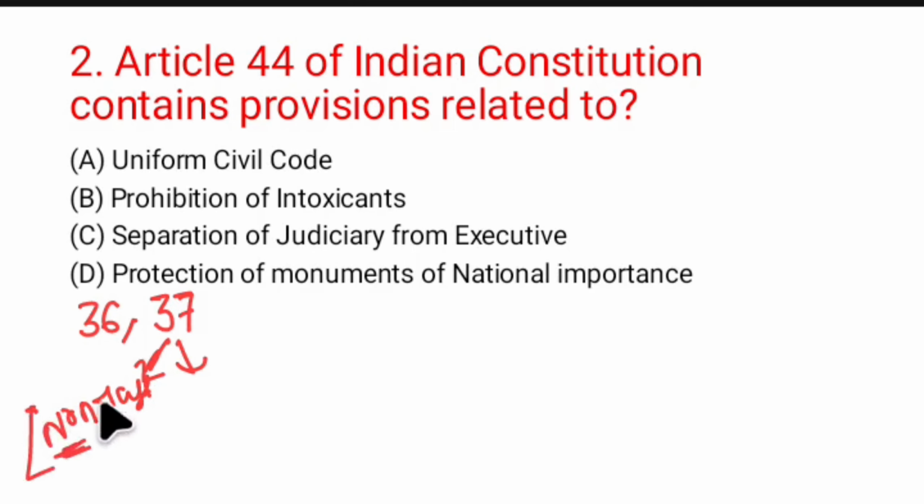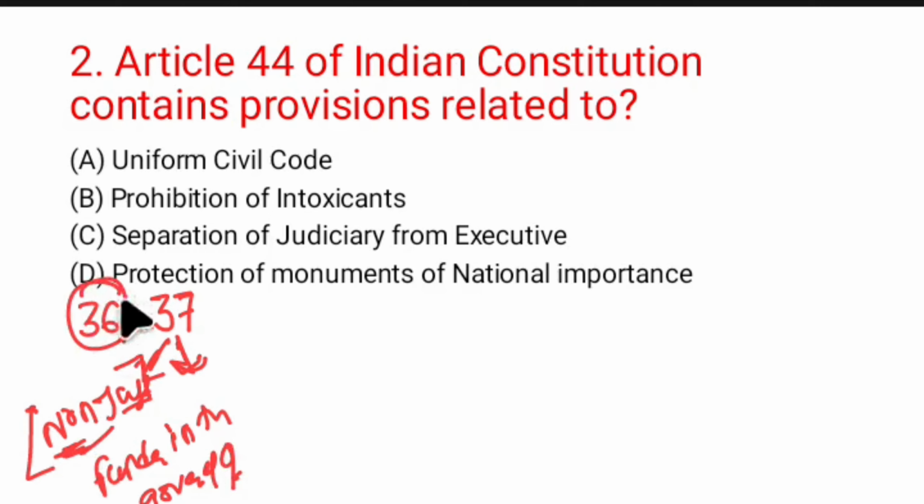So these were non-justiciable in nature, and Article 37 also says these DPSPs are fundamental in the governance of the country. So Article 36 is the definition of state, and Article 37 is non-justiciable and fundamental.